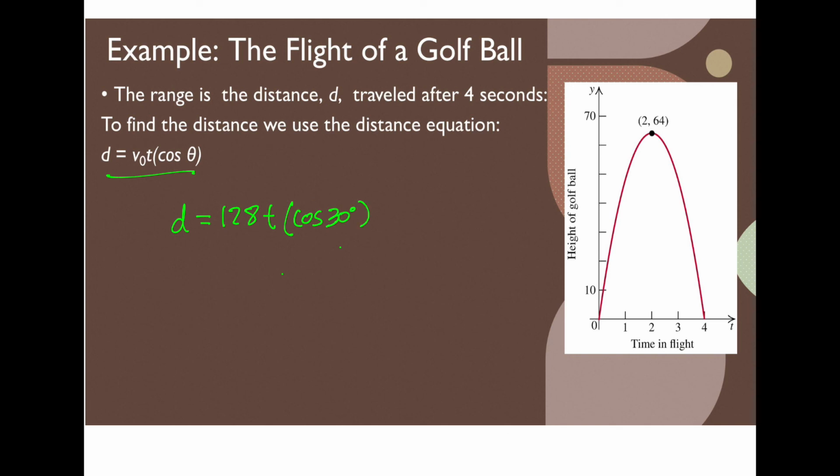Looking up cosine 30 degrees, we knew sine was 1/2, so cosine takes on that other value at that point, root of 3 over 2. And so in simplifying this out, we can cancel out the 2. That leaves me with 64 square roots of 3 times t, where t is in seconds. This is distance for this particular ball.